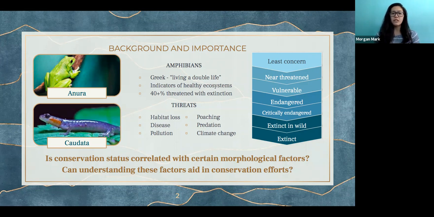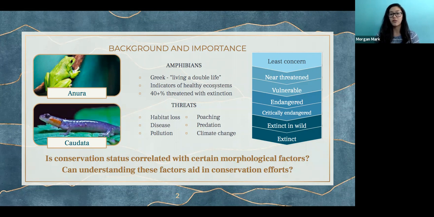So it's extremely important to understand how amphibians are becoming extinct and what drives those factors, to better understand ecological health and to come up with mitigation strategies and conservation projects.